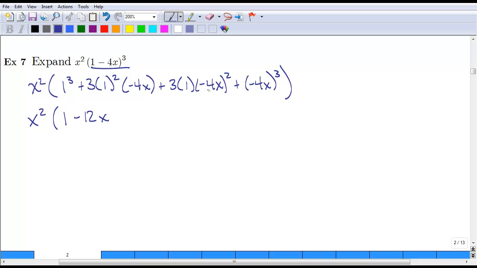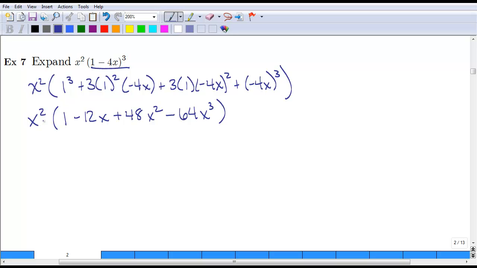Negative 4 squared is 16, positive 16, times 1 times 3 is going to be positive 48x squared. And then if we cube this last one, negative cubed remains negative, so we end up with negative 64x cubed.